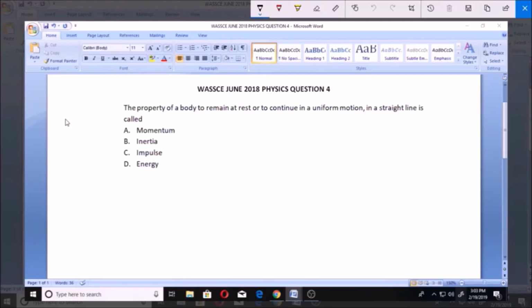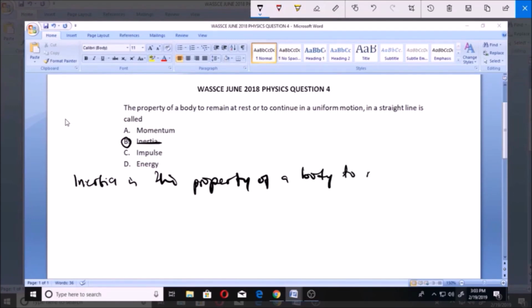What is that property? We all know that this property is inertia, because that's the definition of inertia. But I will also explain the other options. So let's take the definition of inertia first. Inertia is that very property of a body that makes it to do what?